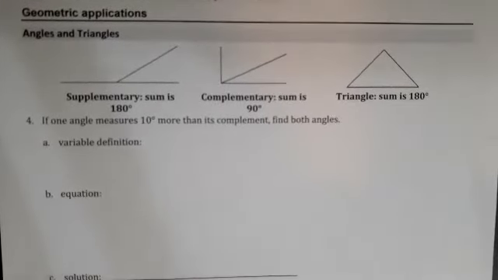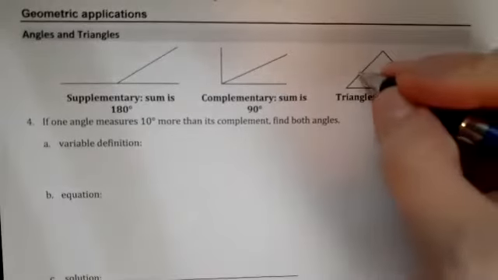So on this page, they start with a few geometric problems. And so the definitions they give is that supplementary is 180, that complementary has a sum of 90, and that triangle sum is 180. So what they really mean is that the interior angles of the triangle sum to 180.